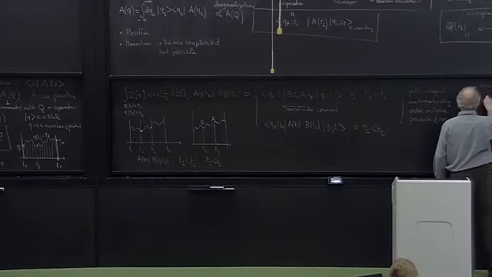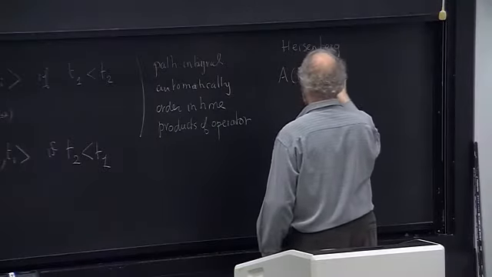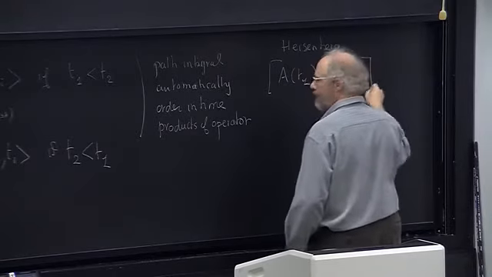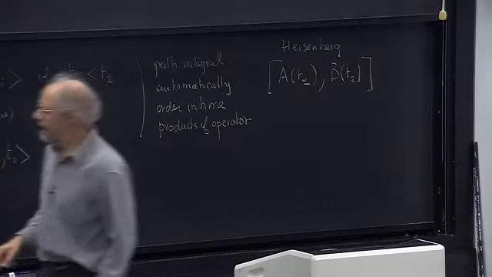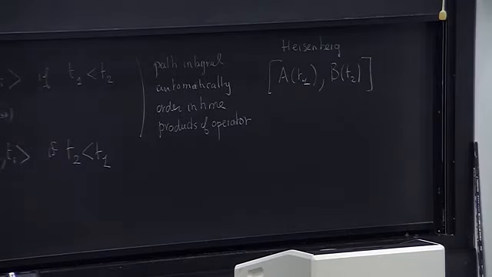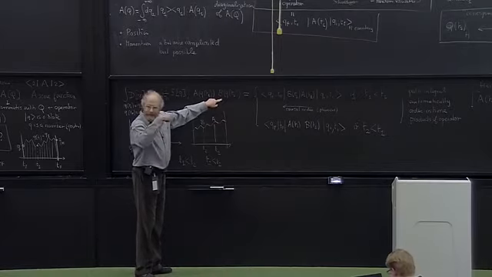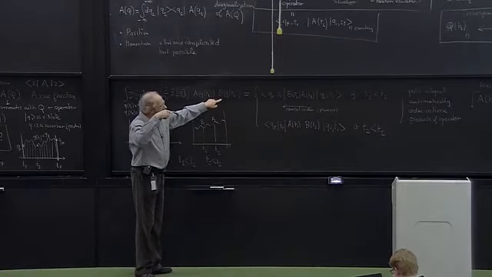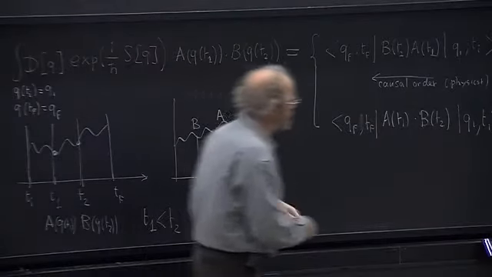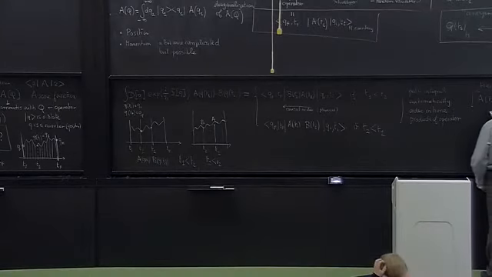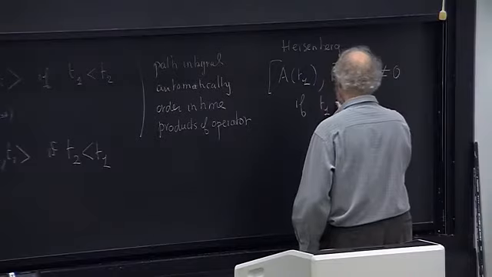In the Heisenberg picture, A of Q and B of Q commute, but A of Q of T1 and B of Q of T2 do not commute if T1 is different from T2.